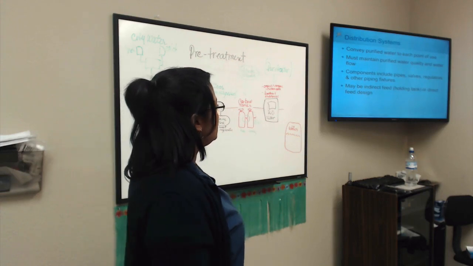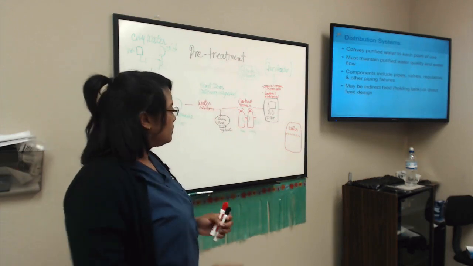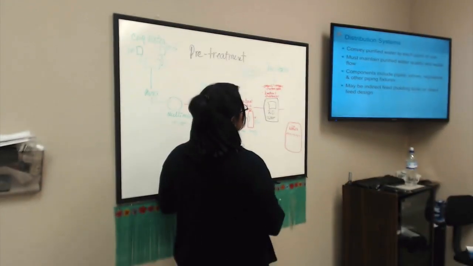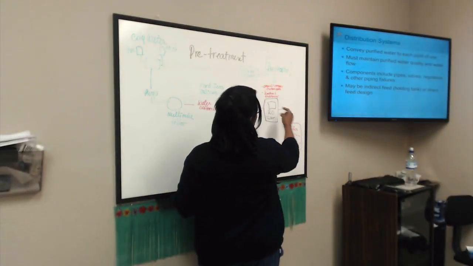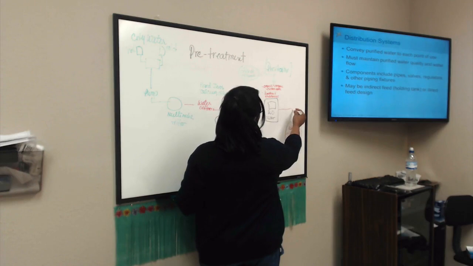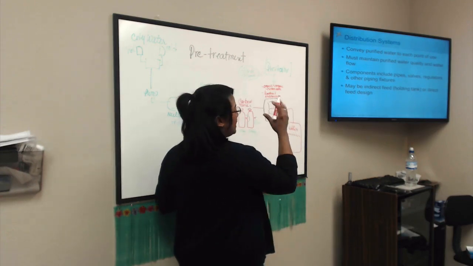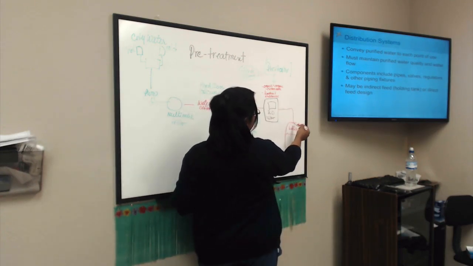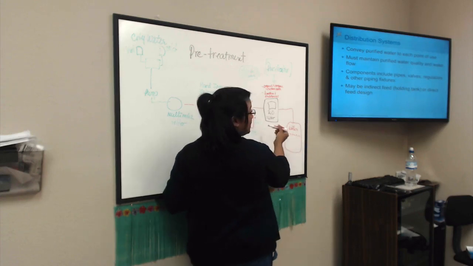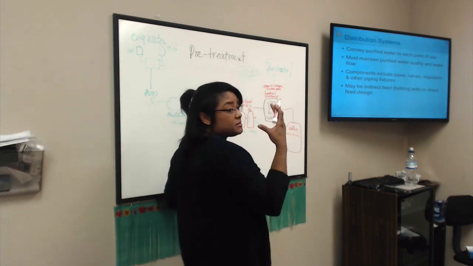Now let's talk about the distribution loop. Sometimes the ultraviolet light could be before the water tank or it could be after the water tank. It depends on the unit.